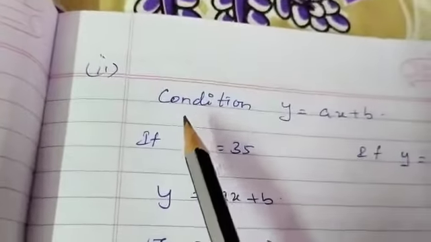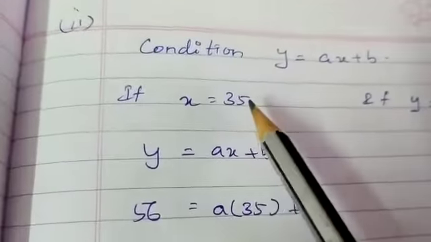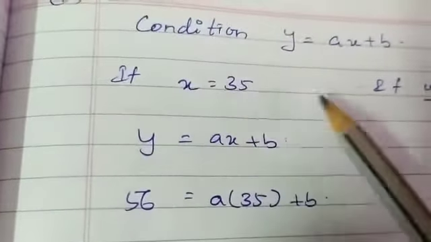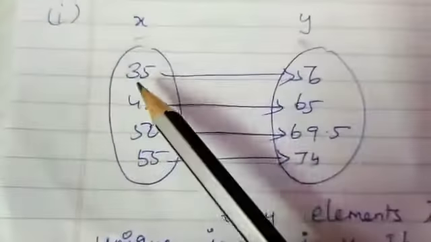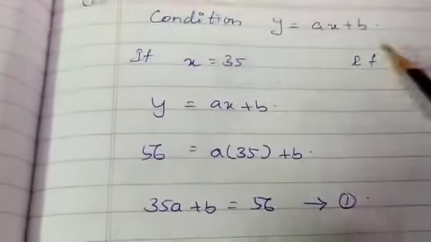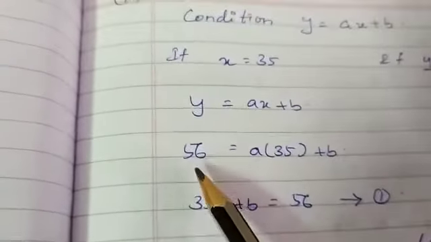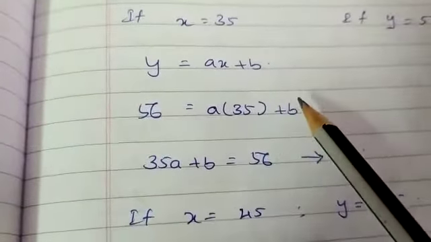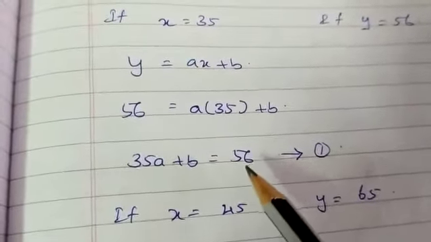And in the second part, our condition is y equal to ax plus b. If I take x as 35 and y as 56, that is, the first values of x and y, when I substitute the values of x and y in this equation, I will get 56 equal to a into 35 plus b, that is 35a plus b equal to 56. This is our first equation.